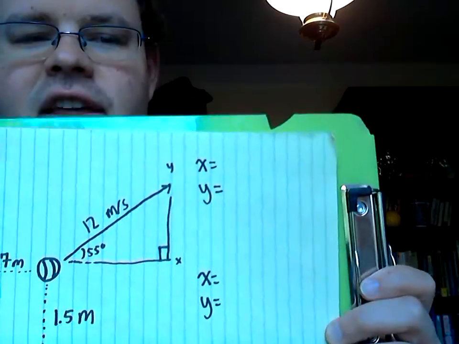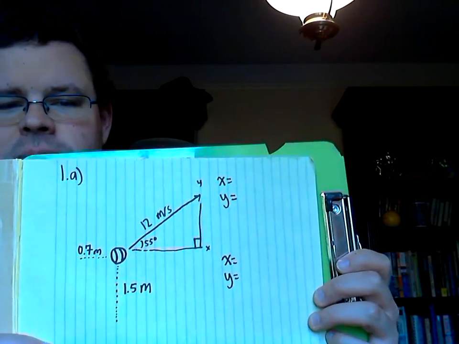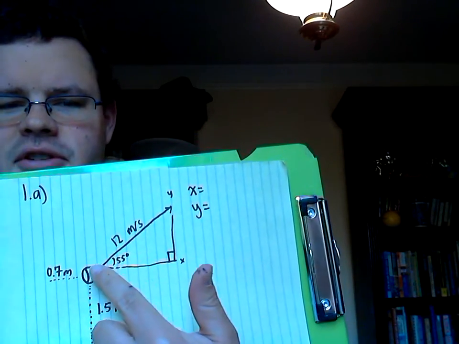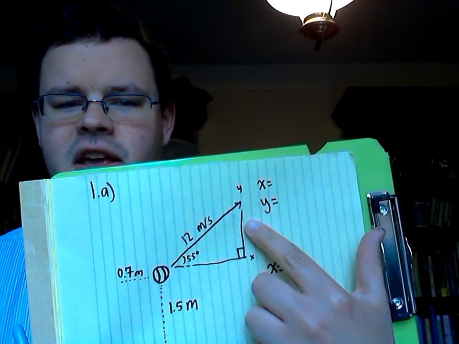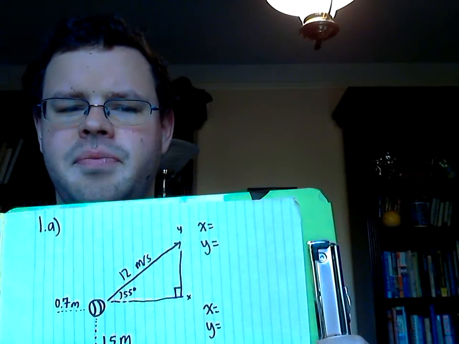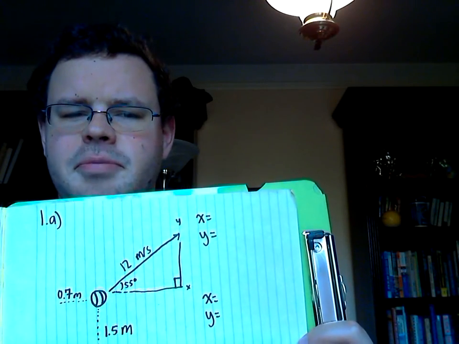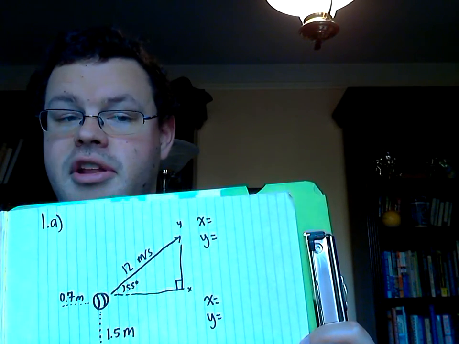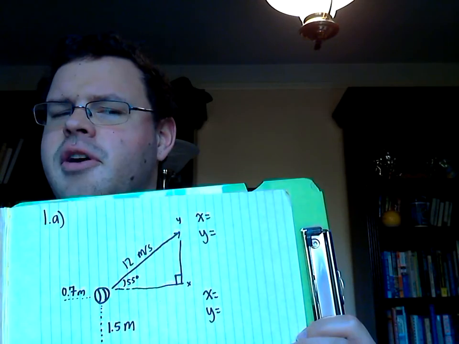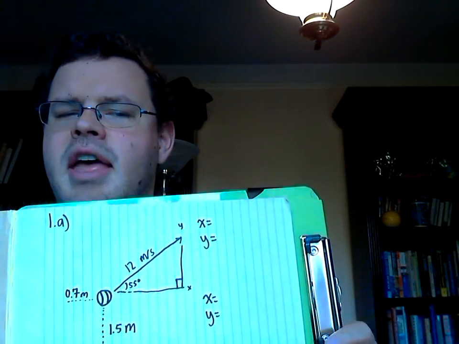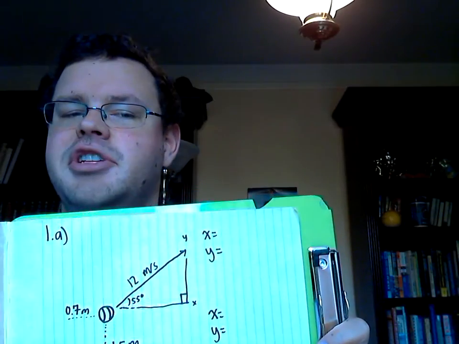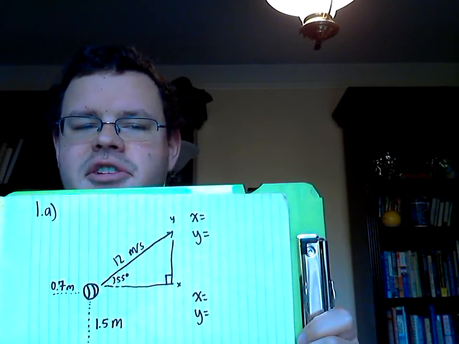Okay, so you have a picture kind of like this, right? There's the baseball at a 55-degree angle, going at 12 meters per second. So what does that tell us about speed in the components, the x and y components? If we're going 12 meters per second at this 55-degree angle, at what speed is the x value changing and at what speed is the y value changing?